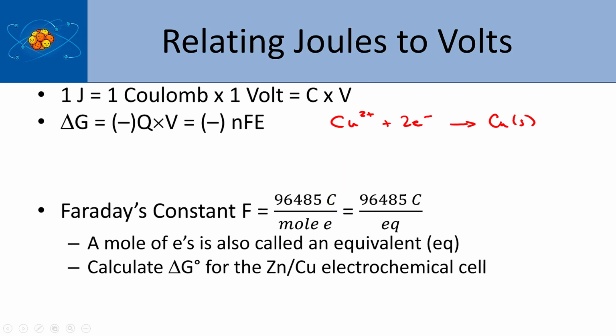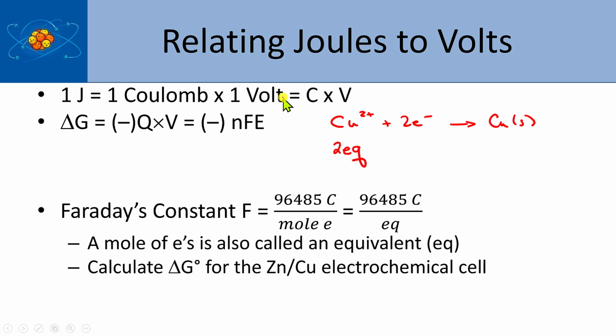So in this reaction, I have 2 electrons per mole of reaction. There's a term for that. It's called equivalence, and it's just 2 EQ for this reaction, or you could say 2 EQ per mole if you want, but it's the moles of electrons for this reaction.